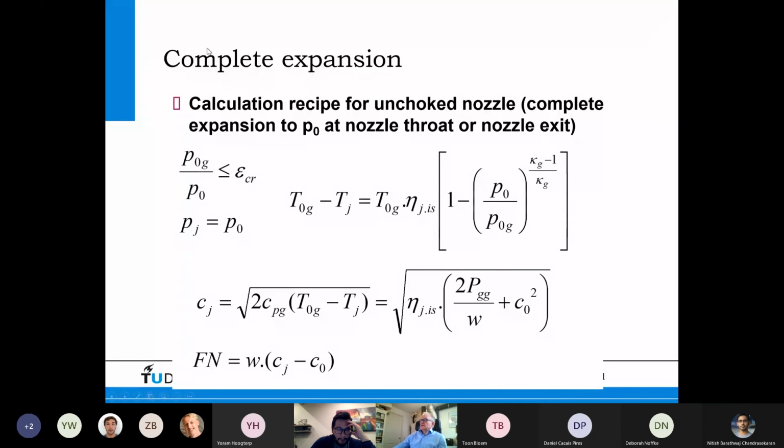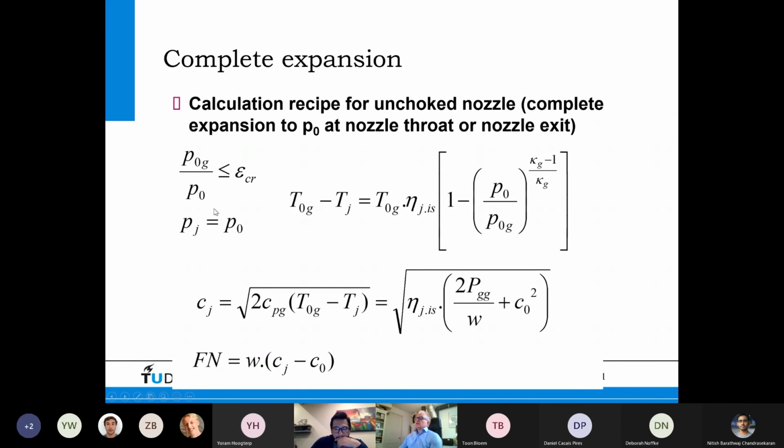Complete expansion: this is a calculation recipe for an unchoked nozzle. This was used when module 10A was still a separate course. You then had to manually calculate through a cycle, including the expansion in the nozzle.